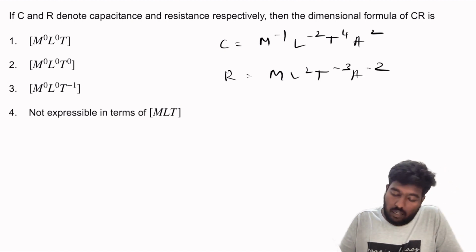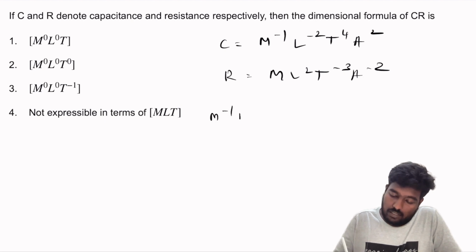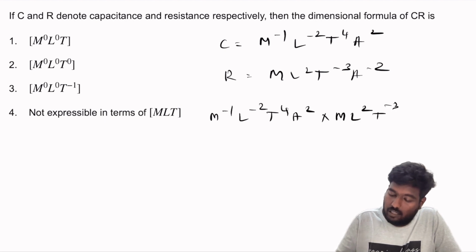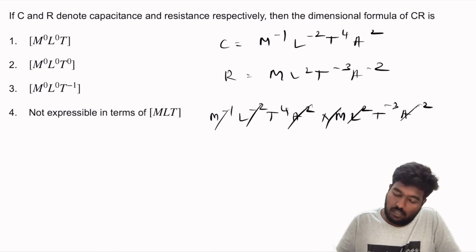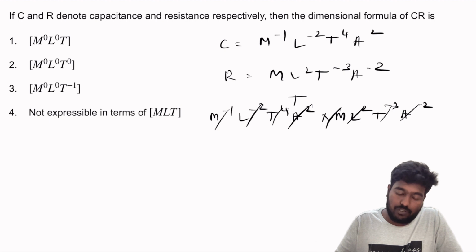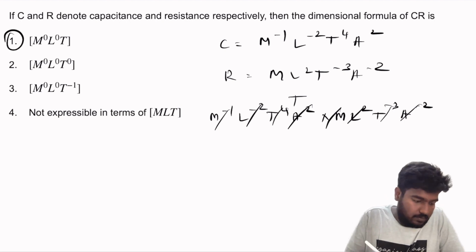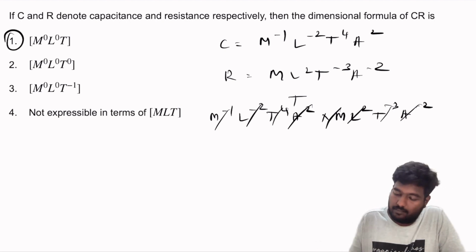Then C into R, we multiply these; things cancel, cancel, cancel. It will have the dimension of just T: M power 0, L power 0, and T. First one.